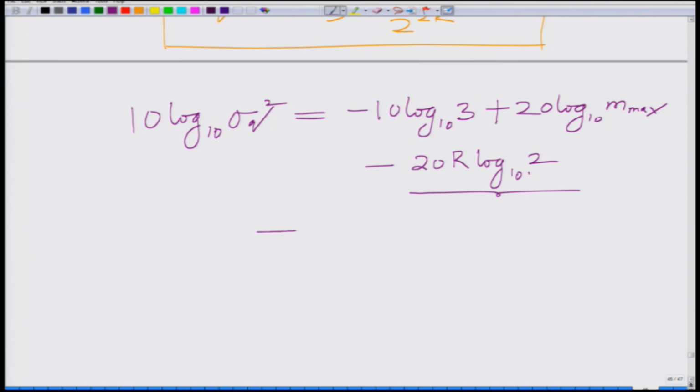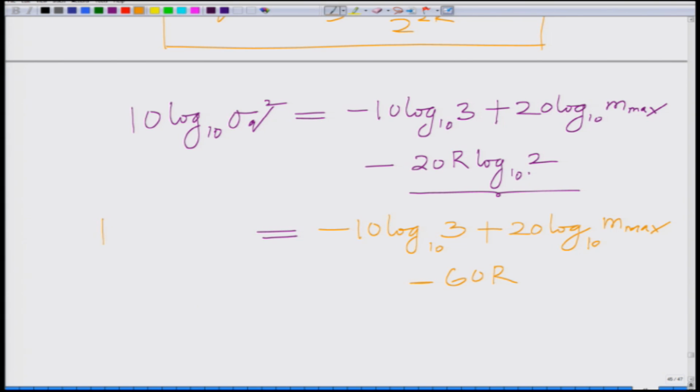So, you can write this as minus 10 log 3 to the base 10 plus 20 log m max to the base 10, minus 20 into 3, that is minus 20 log 2 to the base 10, which is approximately 3. So, minus 20 into 3 r, minus 60 r.